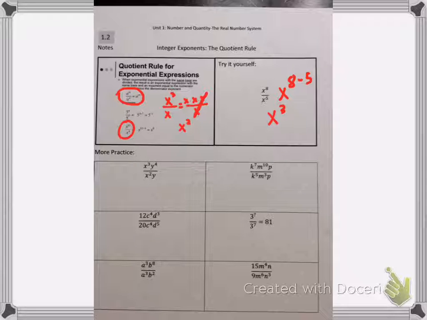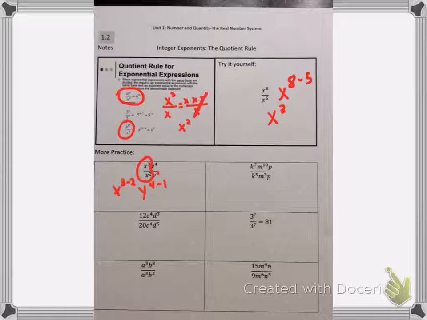Alright, we're going to try it again here, but it's going to be a little bit harder because we have two bases in this problem right here. But we're still just going to keep the bases separate. So we're going to do these x's together first. We have x to the 3rd on the top, and we're going to subtract the power on the bottom, which is 2. Then we're going to do our y's. We have y to the 4th on the top, and even though there's not a power shown on the y right here, when there's not a power shown, it's the power of 1.